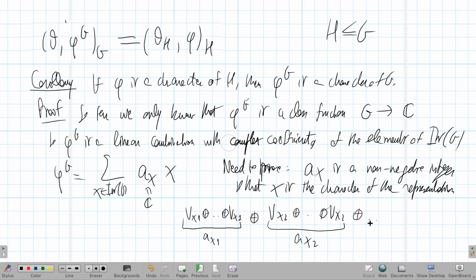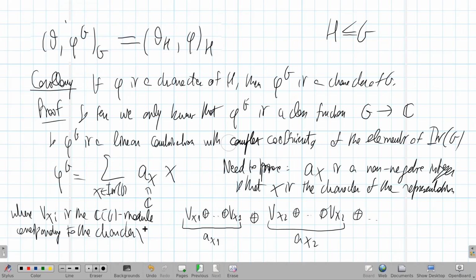Where v chi I is the CG module corresponding to the character chi I. So if these are non-negative integers, then you consider this representation.